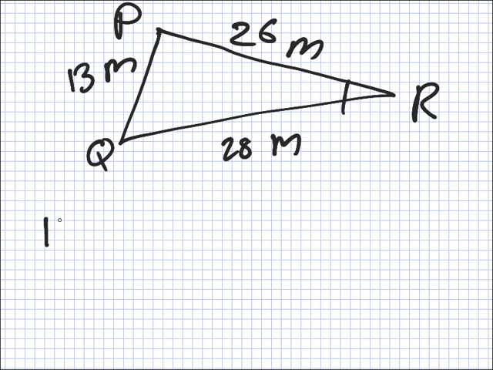Tell me, Amjad, go ahead. 26, no, wrong already, Amjad. 13 squared, 28 squared, plus 26 squared. Go on, Amjad. Multiply 2, 2.